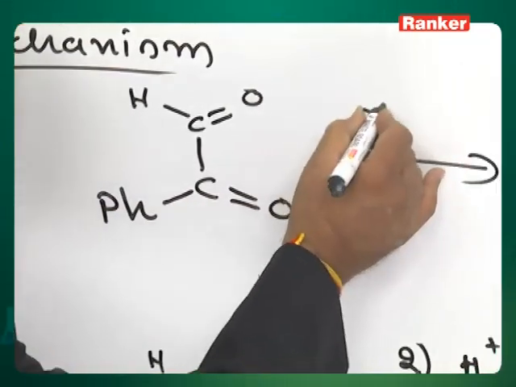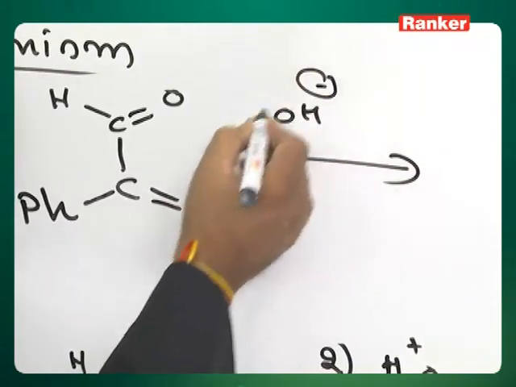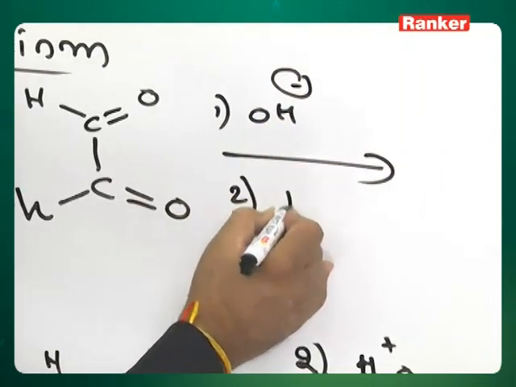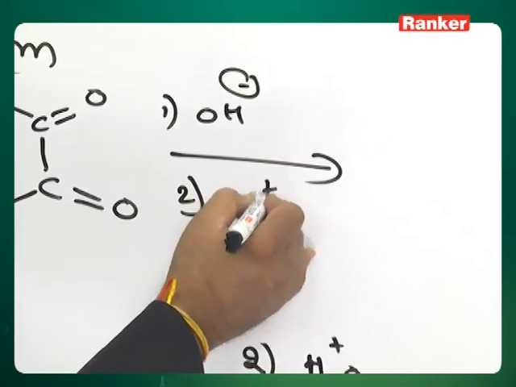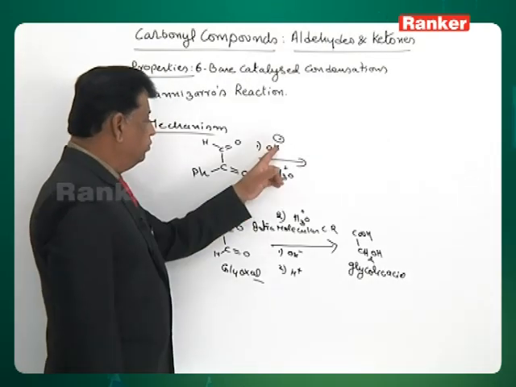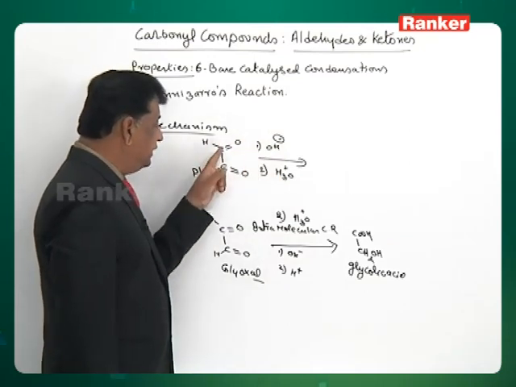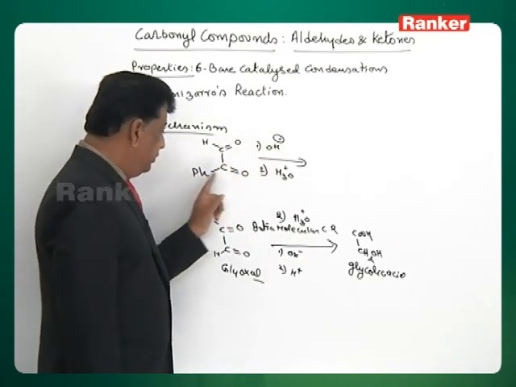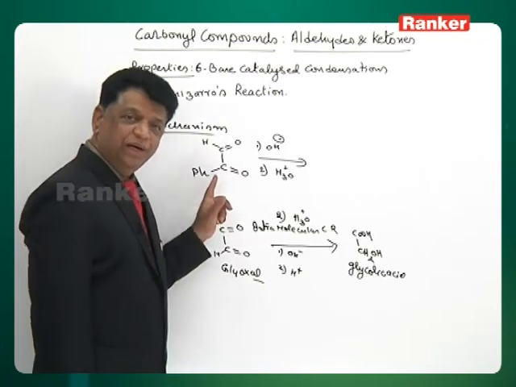So, in the Cannizzaro reaction on this compound, let us also add H3O plus, that is acidification. Now, you may have another question: on which does the OH attack? That is the aldehyde, and that is the ketone, and that too an aromatic ketone, much less reactive.